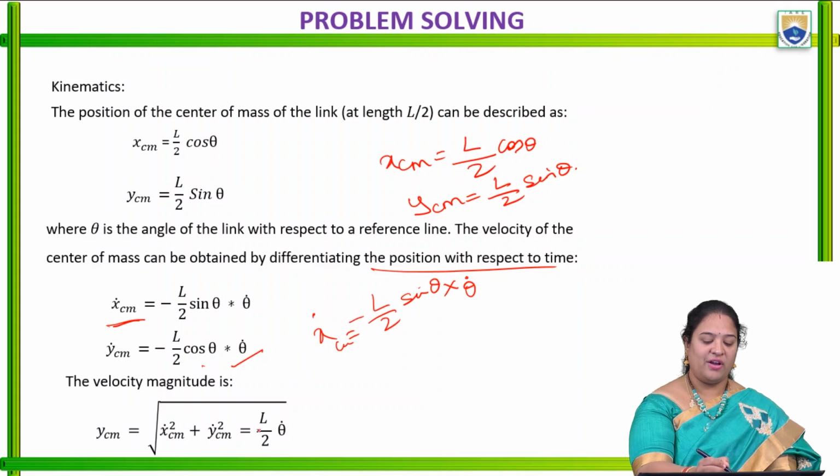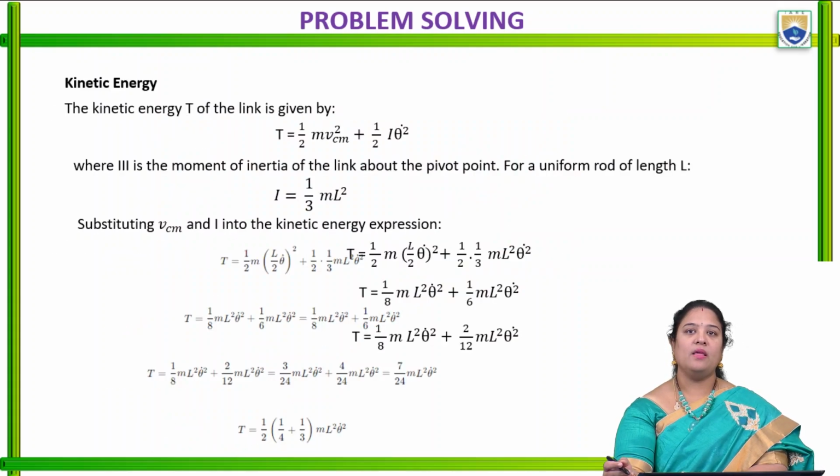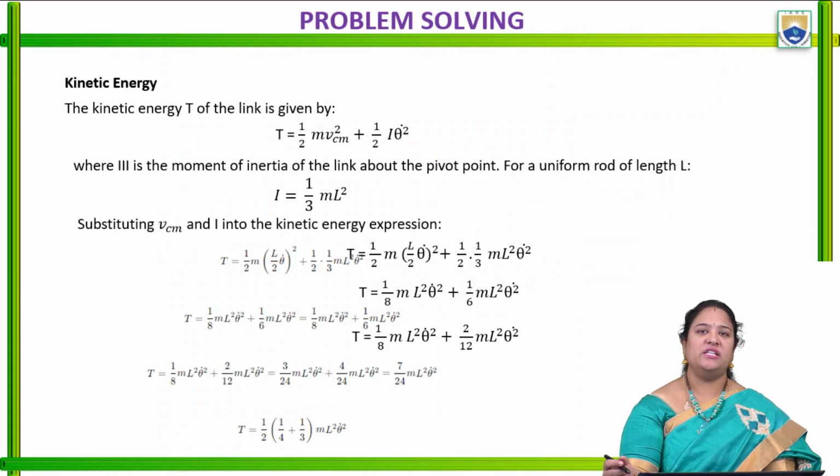The speed at the center of mass is the square root of x dot square plus y dot square, which is equal to L by 2 into theta dot. Right, and the kinetic energy is being considered.